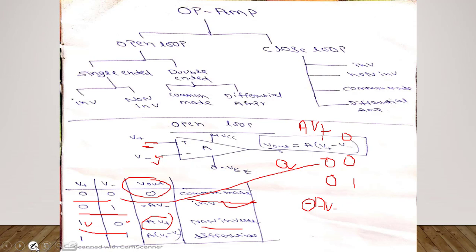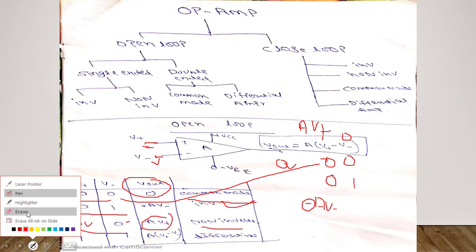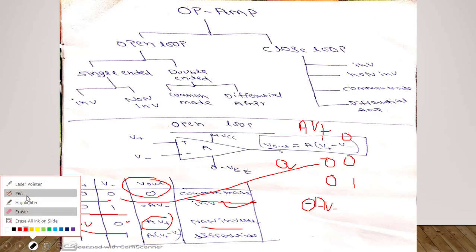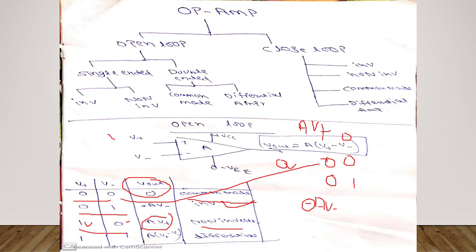Now we move on to the last one. It is called differential mode. Actually, another name for the op amp is differential amplifier. Differential amplifier is a very important one. So what happens in a differential amplifier? We are giving V1 here and we are giving V2 here. Two input voltages we are giving.